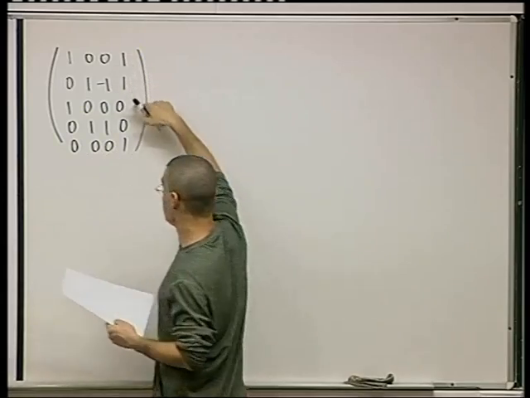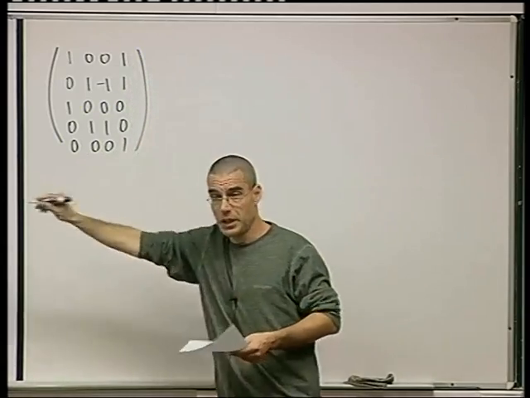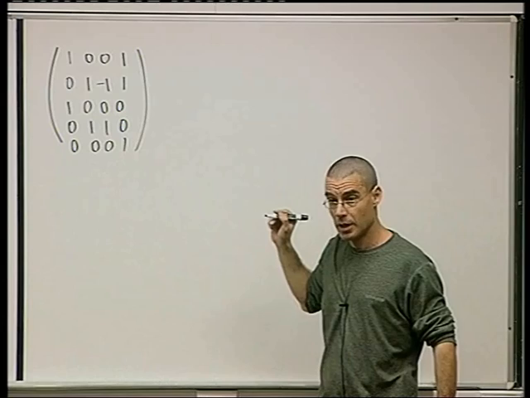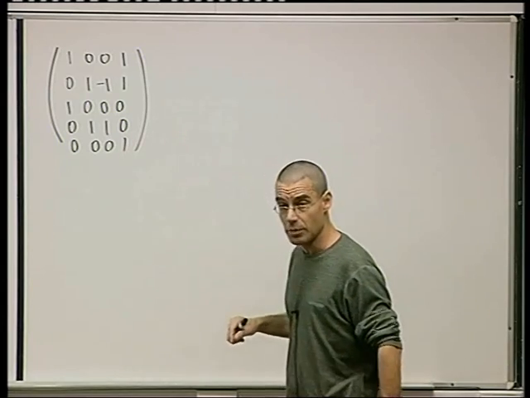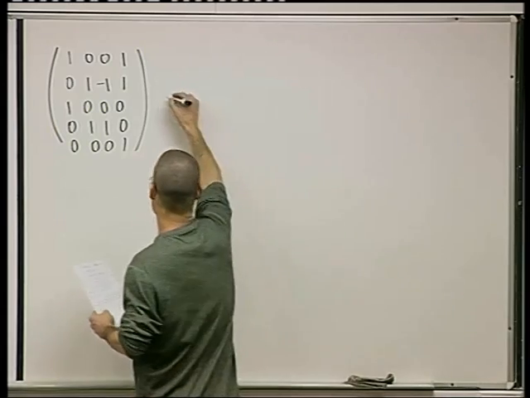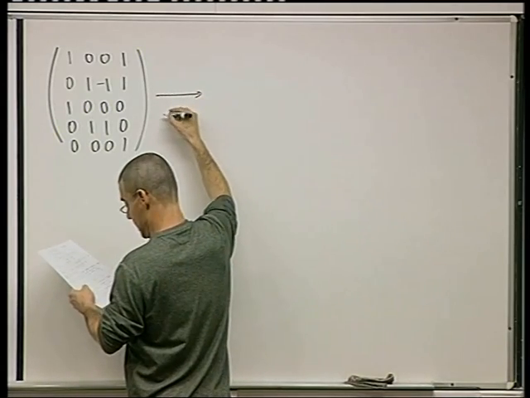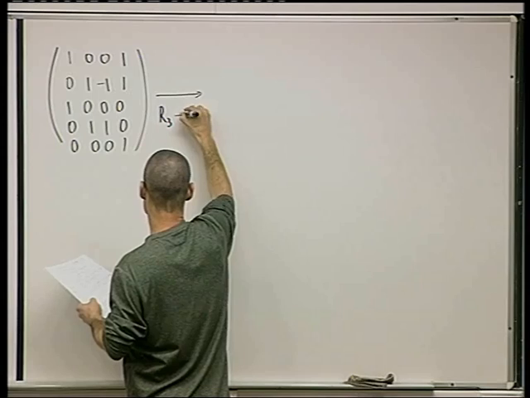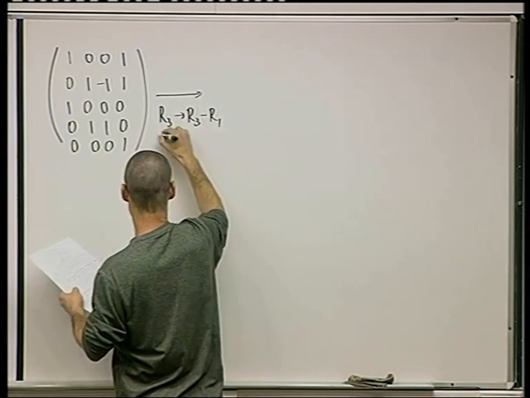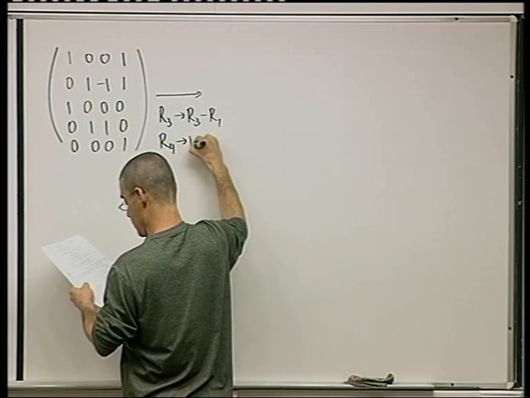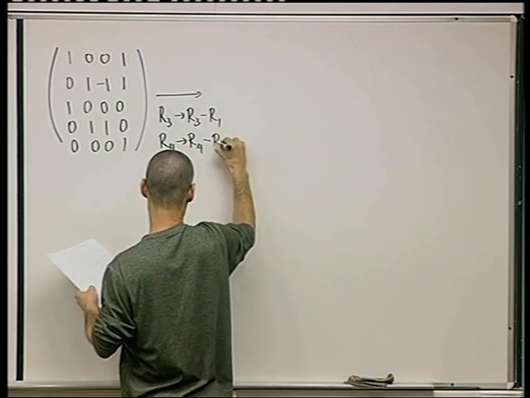This is A1, A2, A3, A4, A5, straightened out as row vectors in a bigger matrix. And now I want to do the row operation and reach the echelon form. So I'm going to do R3 goes to R3 minus R1, and R4 goes to R4 minus R2.